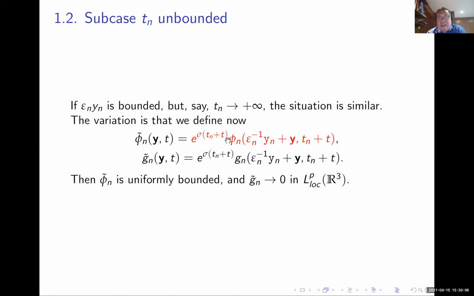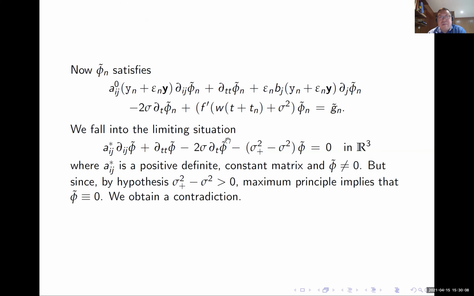So in the limiting problem, you're going to get some convection terms, and you still get the Laplace. But because your T goes to infinity, this goes to a constant, either +1 or -1, so you get a constant minus sigma squared.